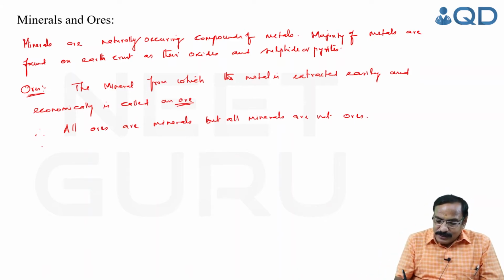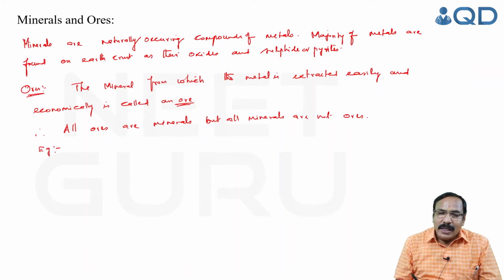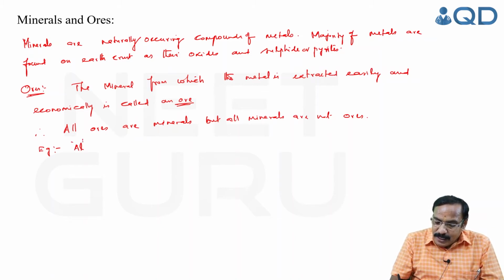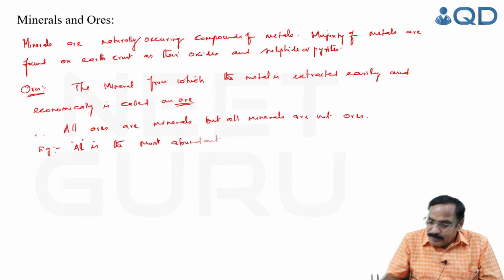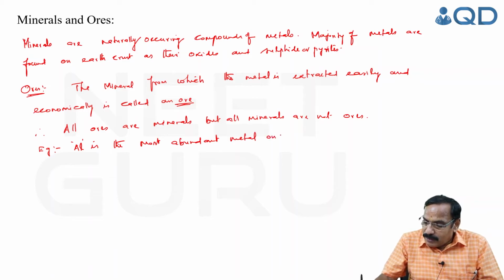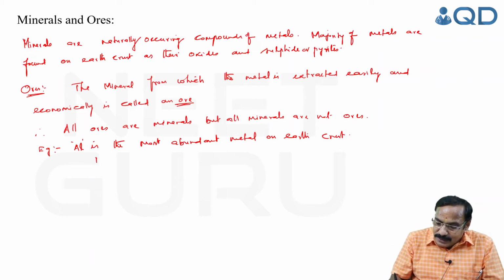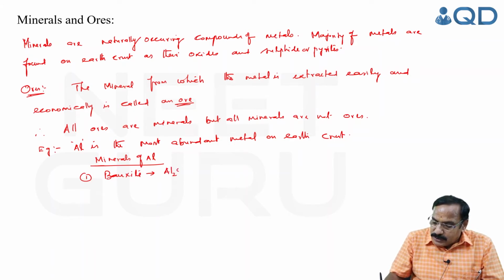For example, let us take aluminium. Aluminium is the most abundant metal on earth crust. The minerals of aluminium: first, bauxite, an oxide of aluminium having 2 moles of water of hydration.